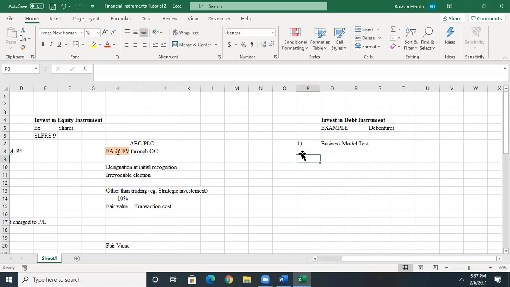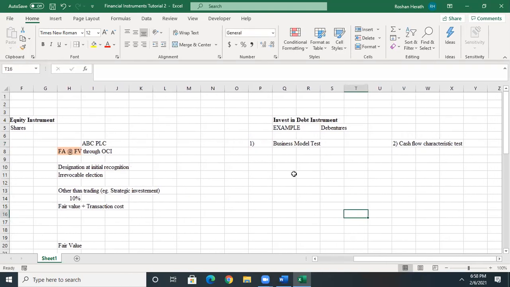And the second test you need to check for, we call it the cash flow characteristic test. So these are the two tests that are crucial, right? Depending on the outcome, you may come up with the precise classification.